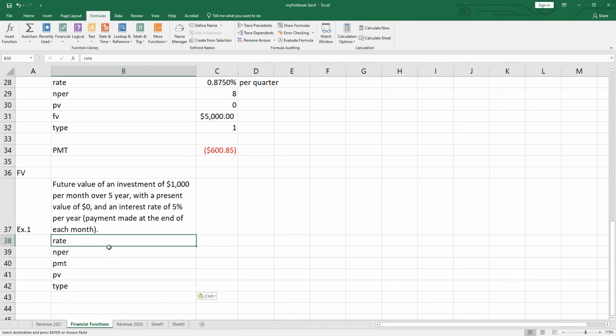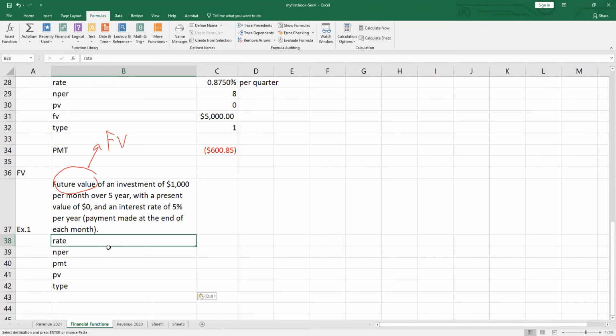Now let's see in this problem, we say that we want to have a future value. That means we want FV in this problem, of an investment. This case is the investment, not the loan.